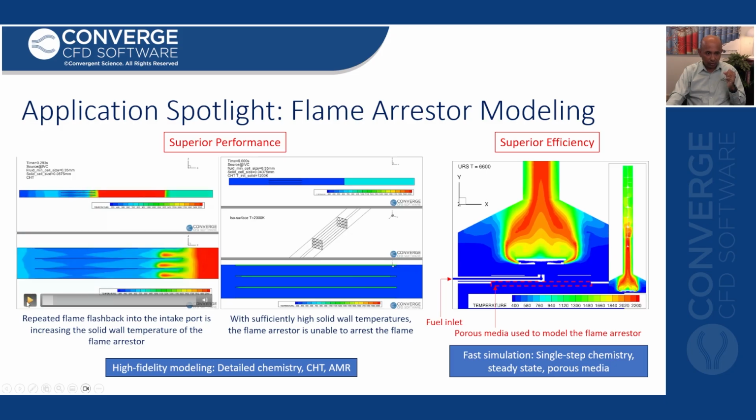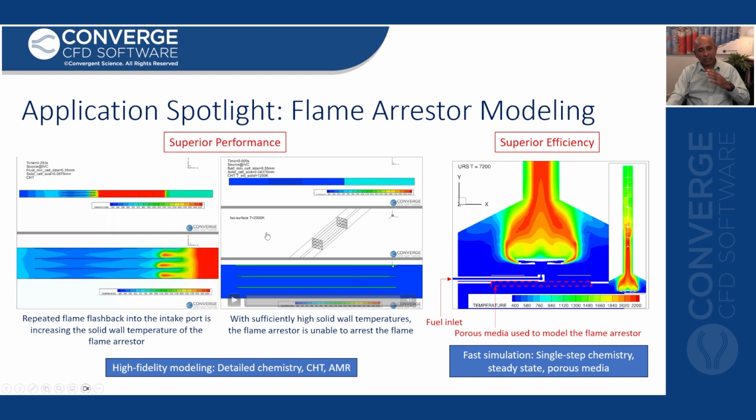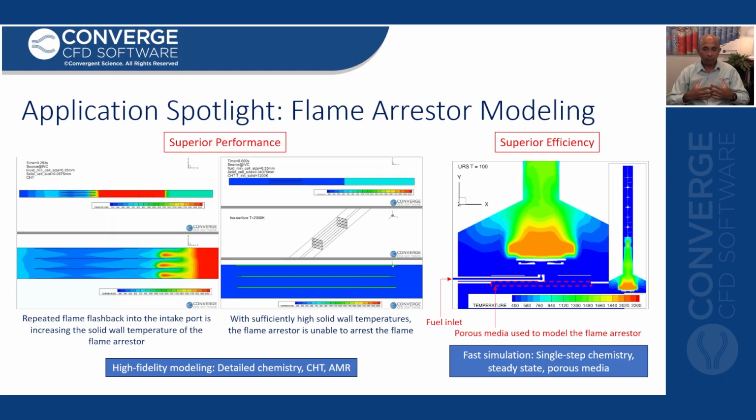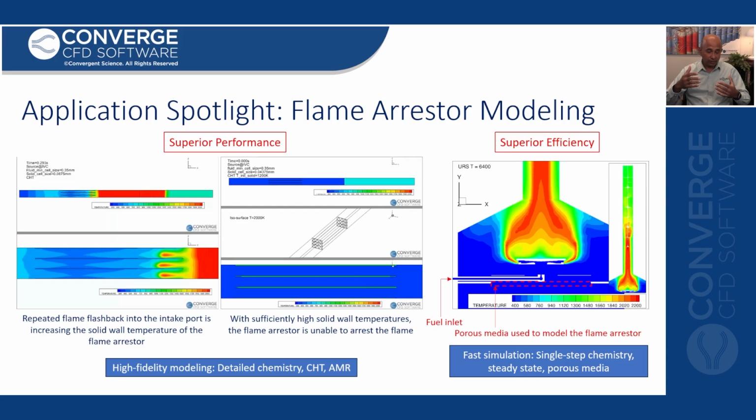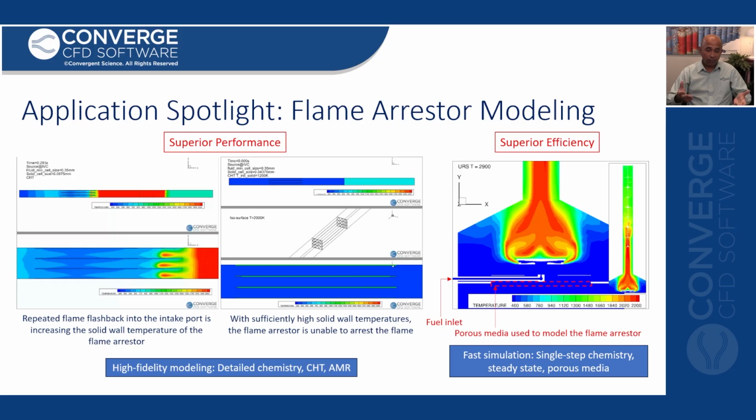Now, on the right hand side, the center, you have the same 3D flame arrestor. But if you think about the scenario where the flame keeps coming and interacting with the flame arrestor, the metal is going to get hot. Now, designers of flame arrestors want to find out, if it keeps on getting hotter and hotter, eventually the flame arrestor is going to stop working.